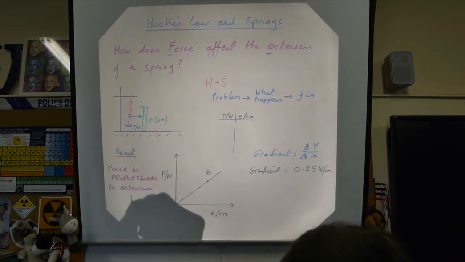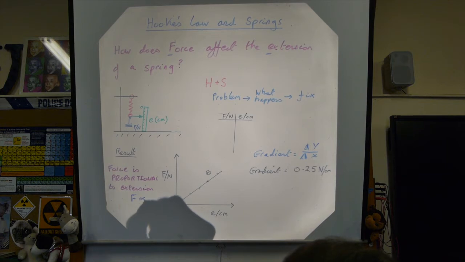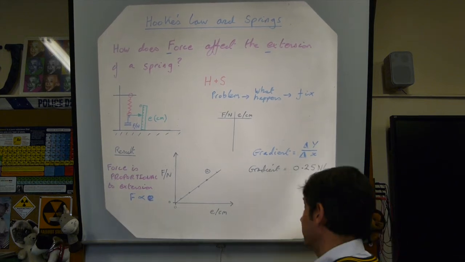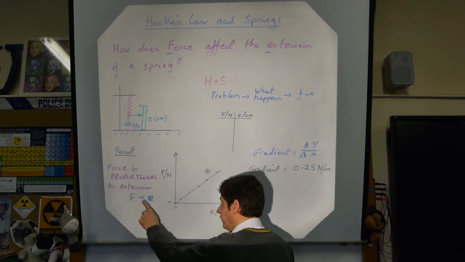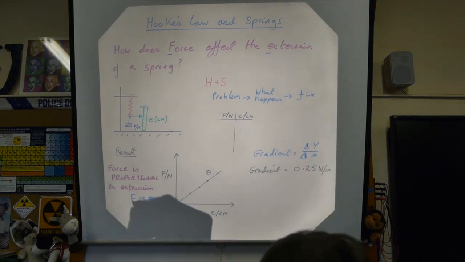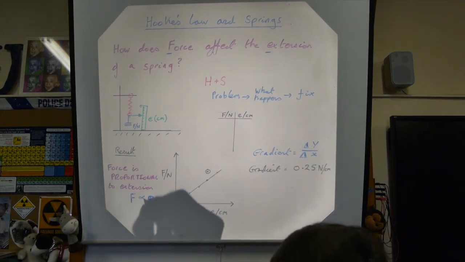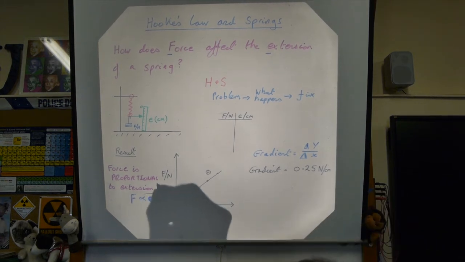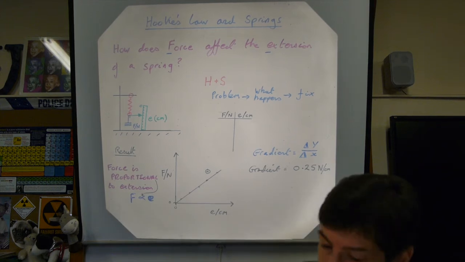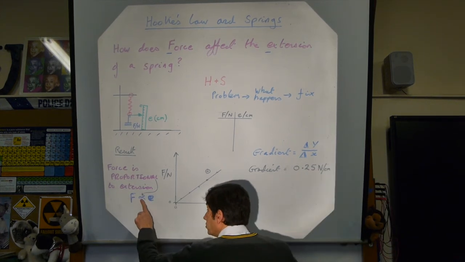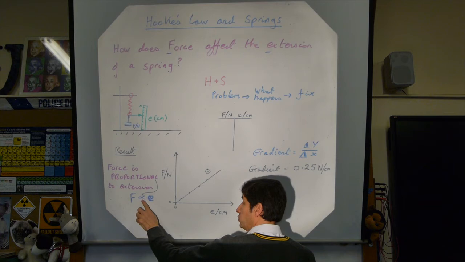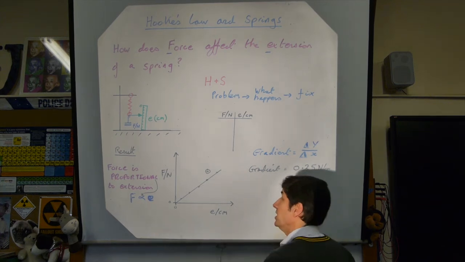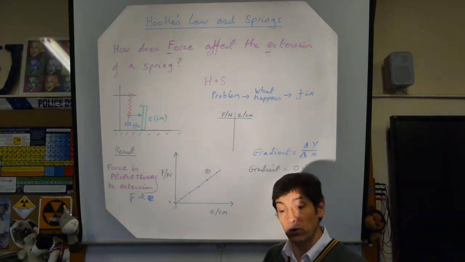Force is proportional to extension. I nearly wrote x there, didn't I? Okay, because of my old-fashioned teaching. So force is proportional. Now that sort of fish sign, or it looks a bit like an alpha in Greek, okay, that is the symbol we use for proportional. Now that can only be true if the line is a straight line. It's a good one to learn for exams because it explains straight line graphs really well.